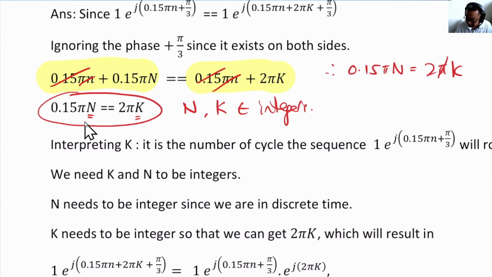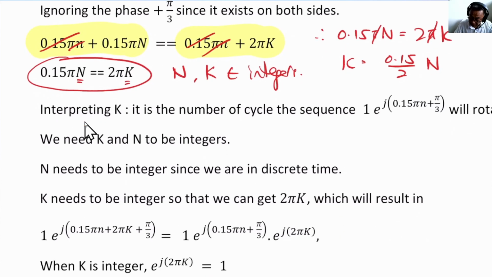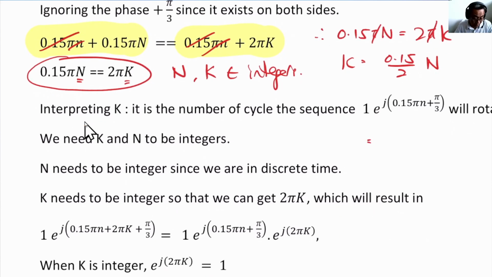Let's cancel the pi away first. Therefore, k is equal to 0.15 divided by 2, times capital N. This is equal to N over 40 over 3, which is equal to 3N over 40.